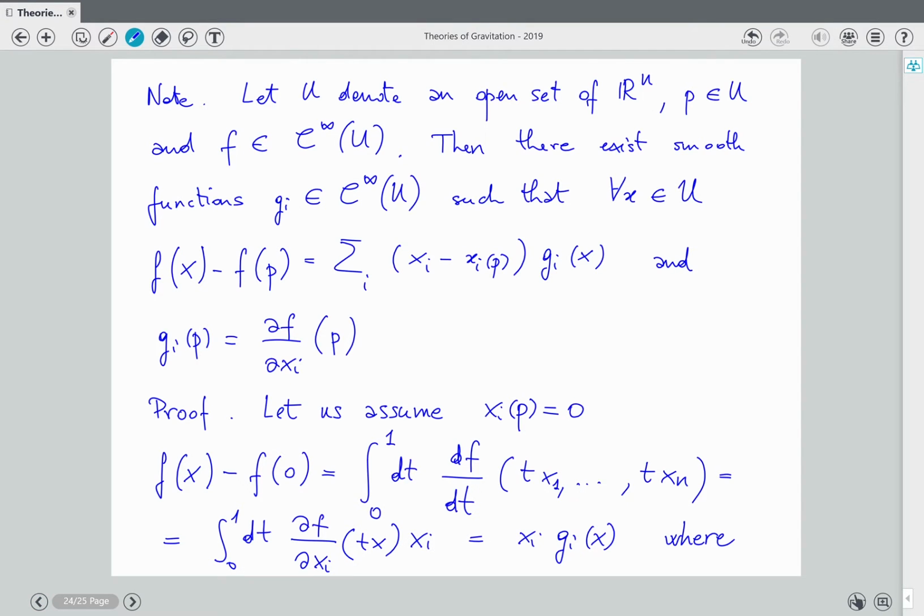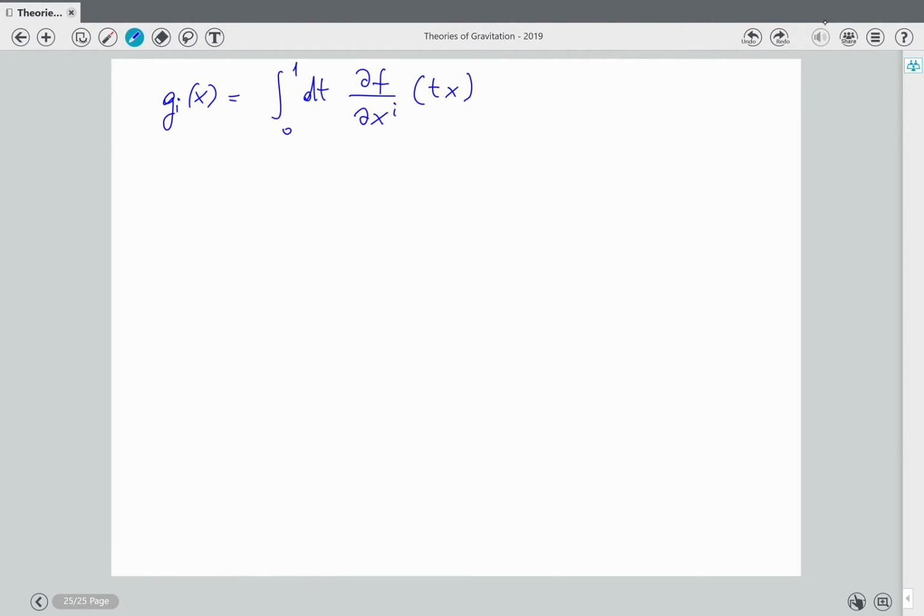And the other property we want to show is that gi calculated in 0 is the partial derivative of f calculated in 0. So gi of 0 is equal, if you put x equal to 0, the integral is the integral of a constant, and it is equal to 1 times the constant, which is exactly this thing.